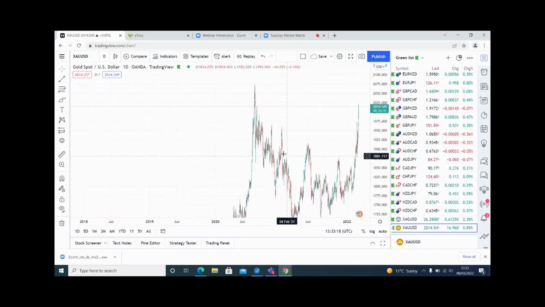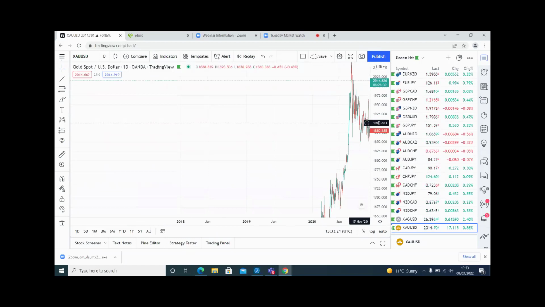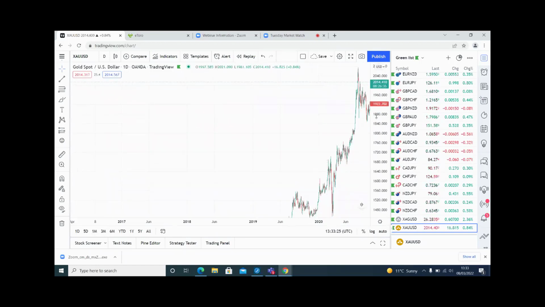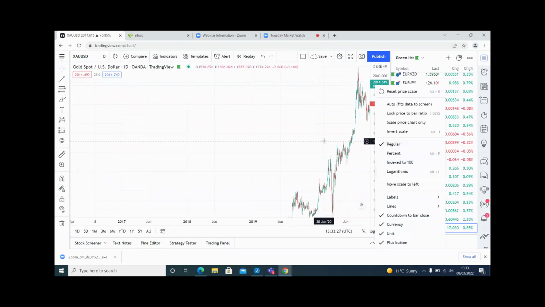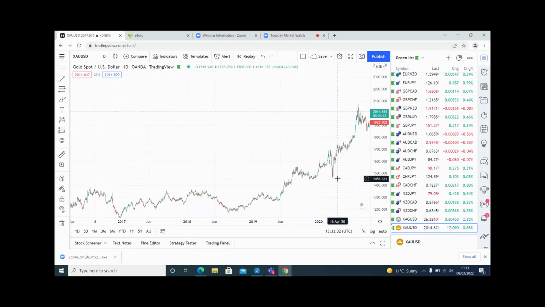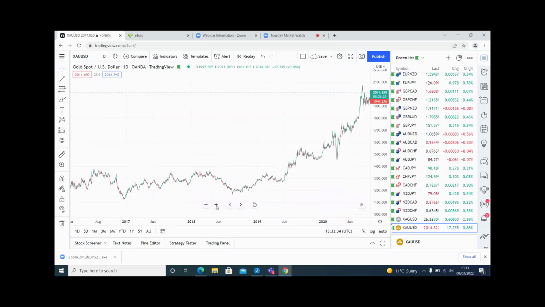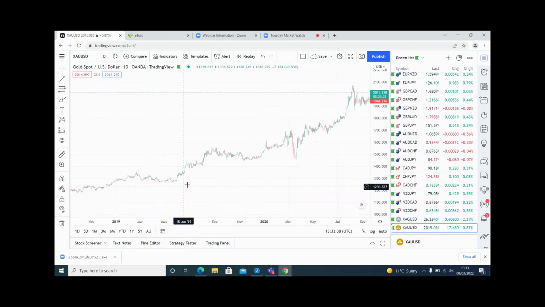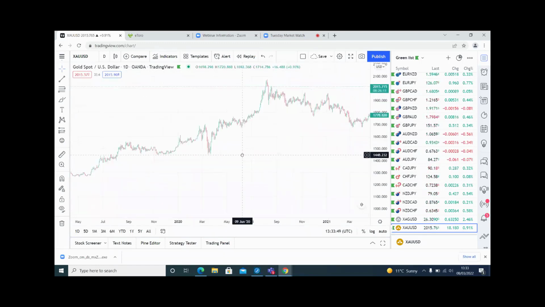To give a live example, look at the run that we had in gold. It just kept going and going and going. It went up and hit 2074. And then what happened?